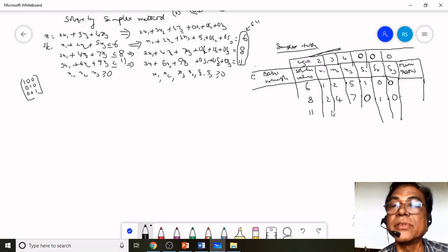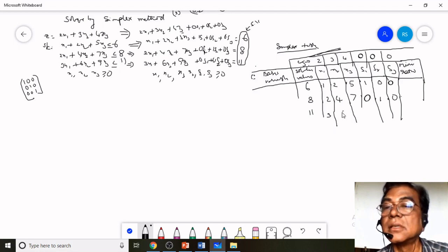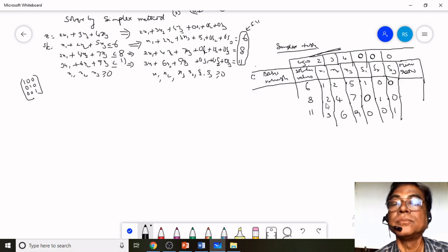Only the coefficients 3, 6, 9, and then 0, 0, 1.